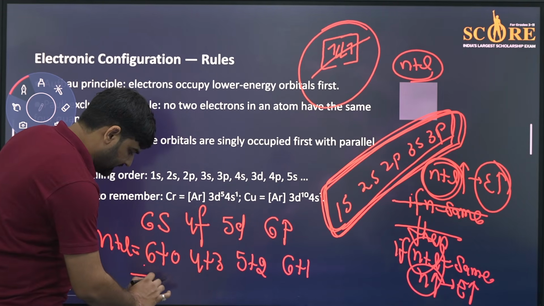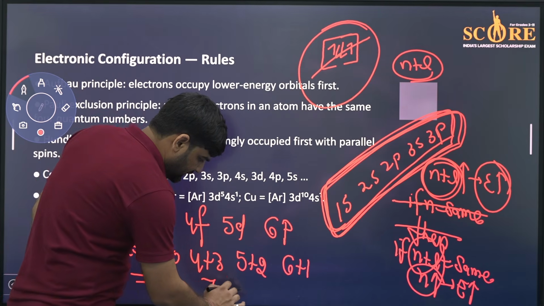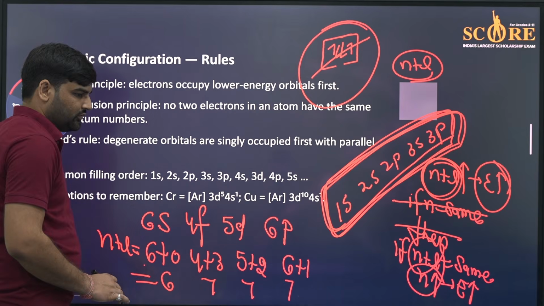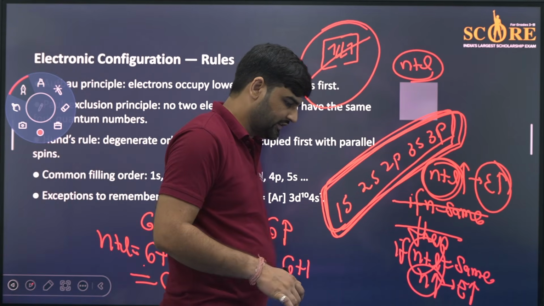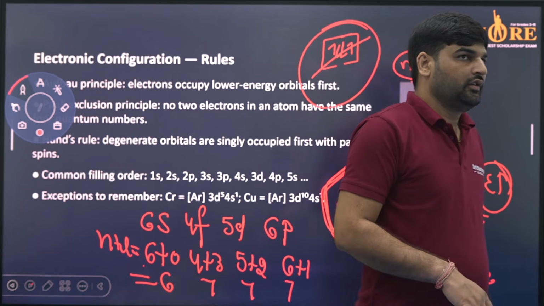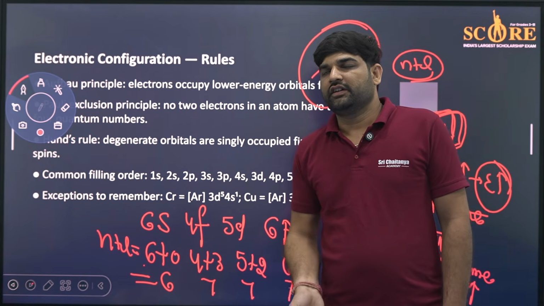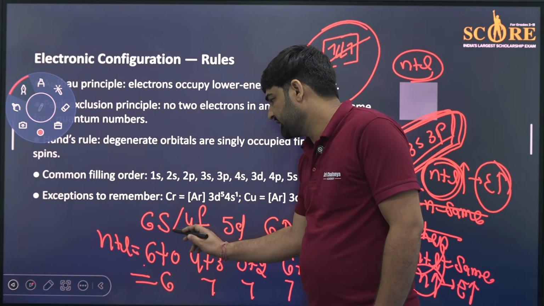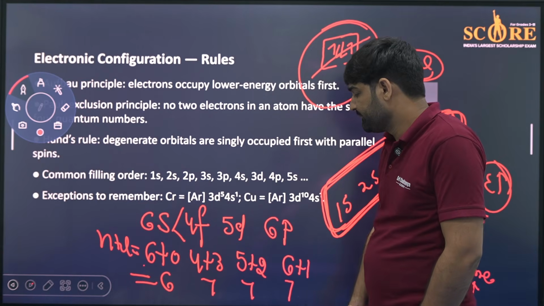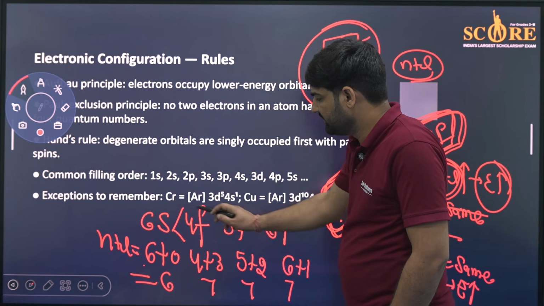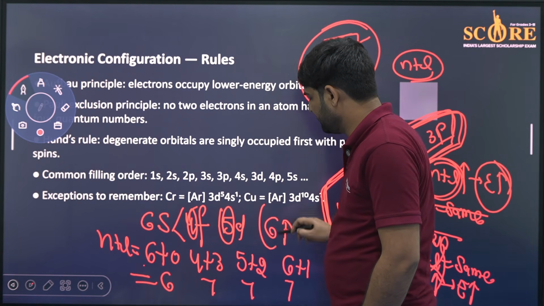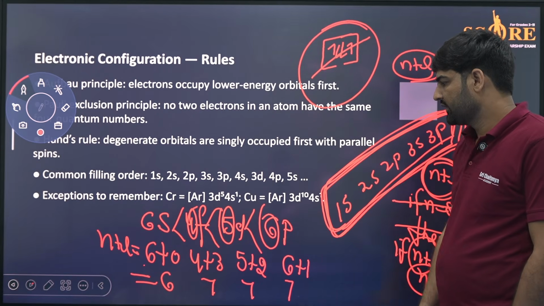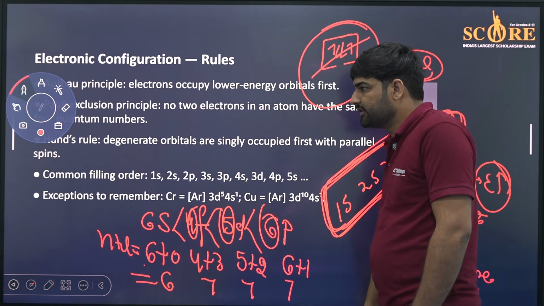So this is 6, this is 7, this is 7, this is 7. What is the order for deciding energy? First we check n plus l. As n plus l increases, energy also increases. When n plus l is the same, then on increasing n, energy also increases. So this is the correct energy order.